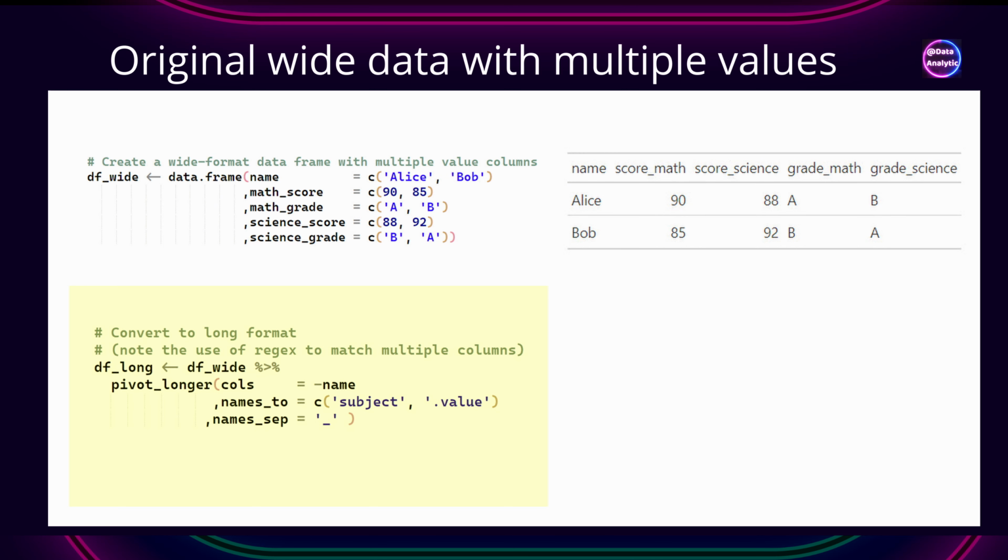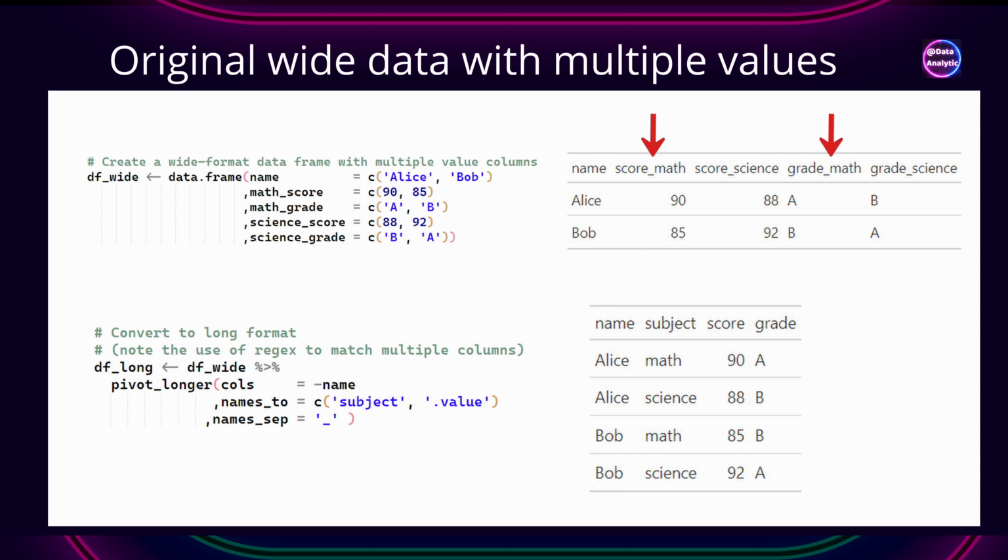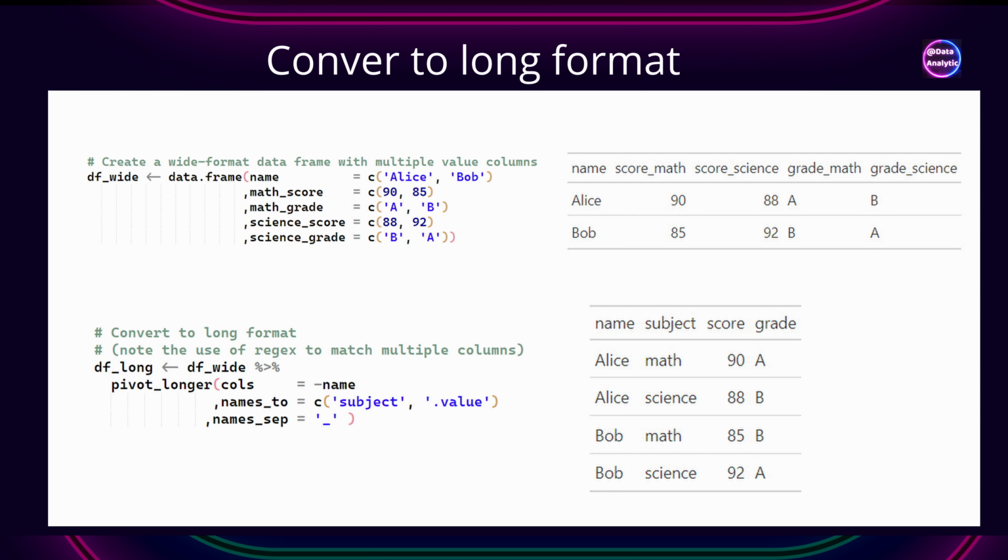Now let's see what pivot_longer does for us. It has score_math, grade_math, score_science, grade_science. Using those names, we can use a trick. Using pivot_longer, we are saying cols equals minus name. We don't want to touch the name column, which is Alice and Bob. We leave it as it is.